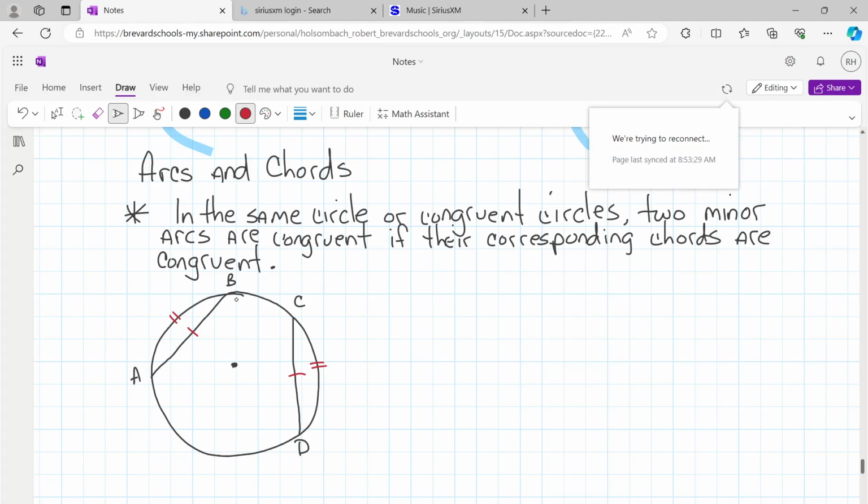If AB is congruent to CD, then arc AB is congruent to arc CD. Everybody see that? It makes sense, doesn't it? If the shape is a circle and both of the chords are the same length, well, they're going to take up the same amount of space along the arc of the circle.